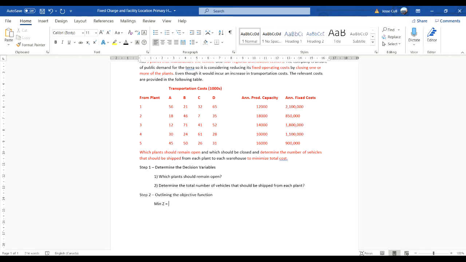So we are minimizing, number one, 56x1a. This is going to take some time. Plus, and the reason I've named it 56x, which is 56 times how many times this route is run, the route name is 1A.